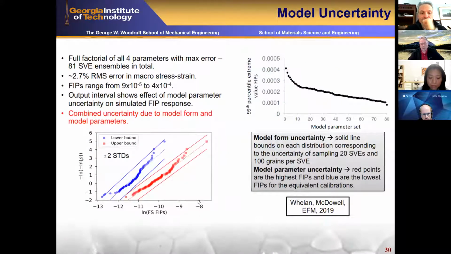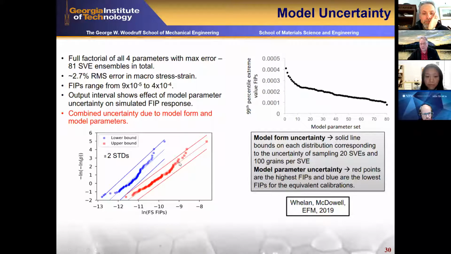Now, the important takeaway here is, before I showed these extreme value distributions, the Gumbel distributions of the fatigue indicator parameters, but here we're using lower bound and upper bound estimates that in and of themselves have bounds, right?